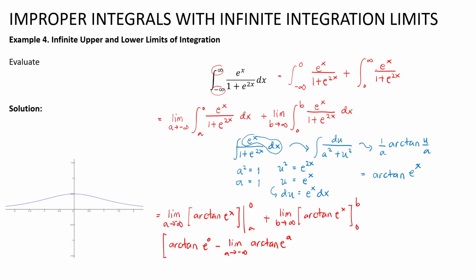So this is the first equation, and then plus the limit of b approaches infinity, arctangent e raised to b, and then minus arctangent e raised to 0. So if you plug in arctangent e raised to 0, e raised to 0 is 1.